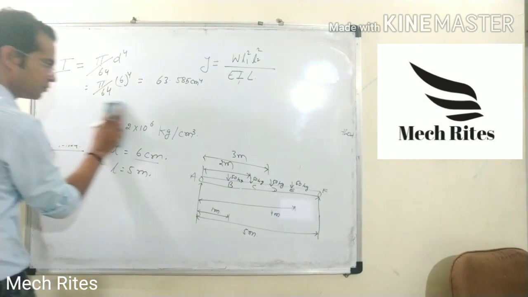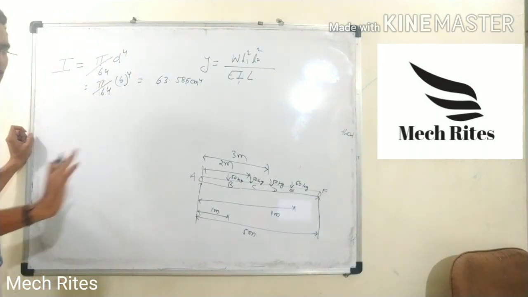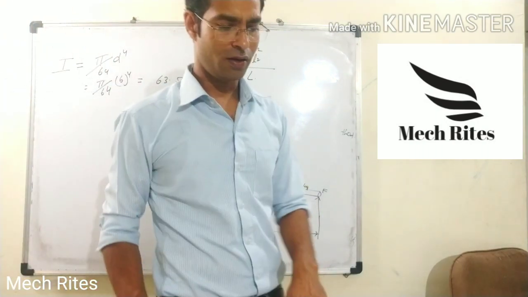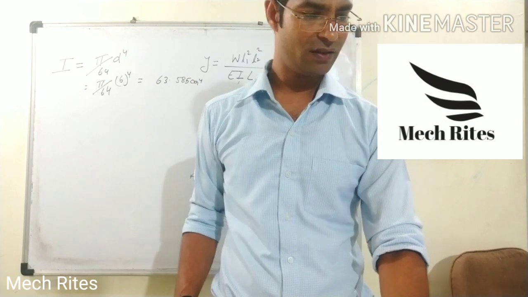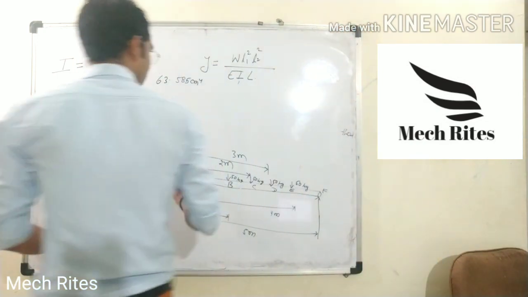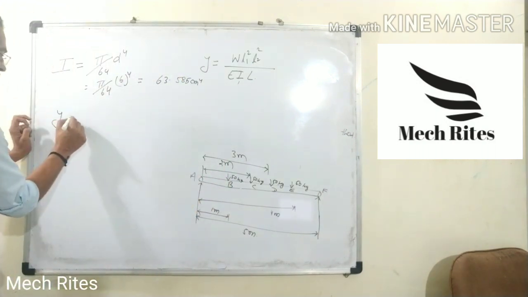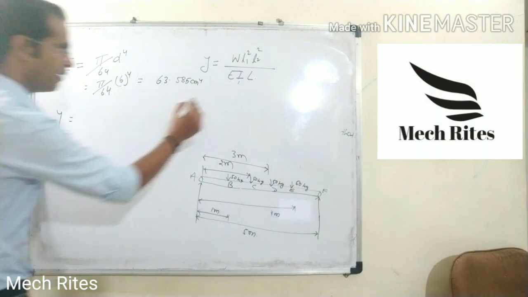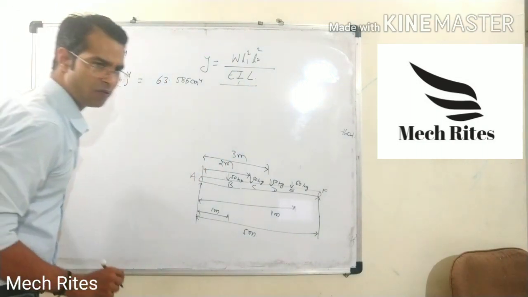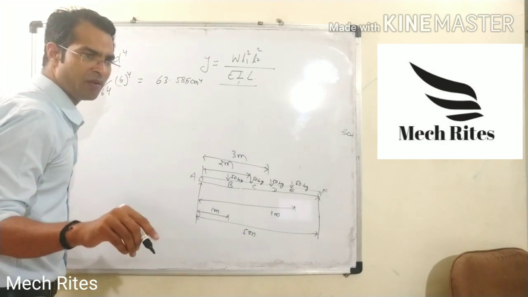Now, how to solve this problem? First of all, I will solve for point B. What will be the y, or deflection, at point B? So we have this formula. First of all, we have the weight given here, 50 kg.